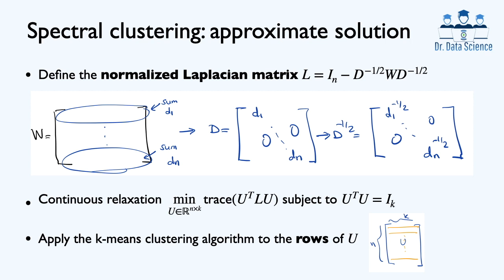Given the weight matrix or similarity matrix W, we can find the sum of each row. So we have n rows here, and we find the sums, which we show by D1 to Dn.